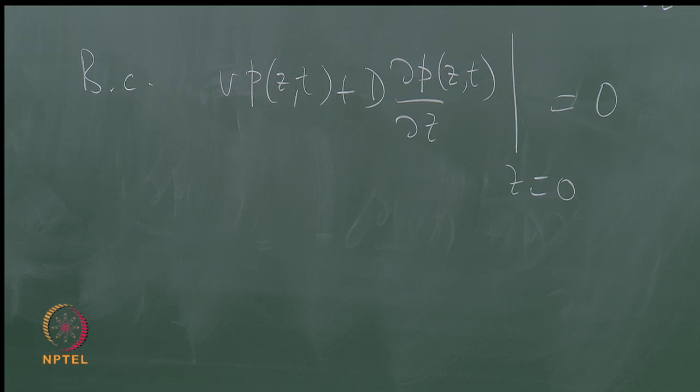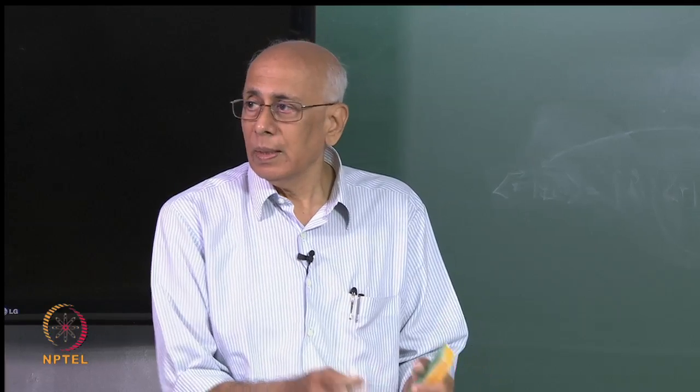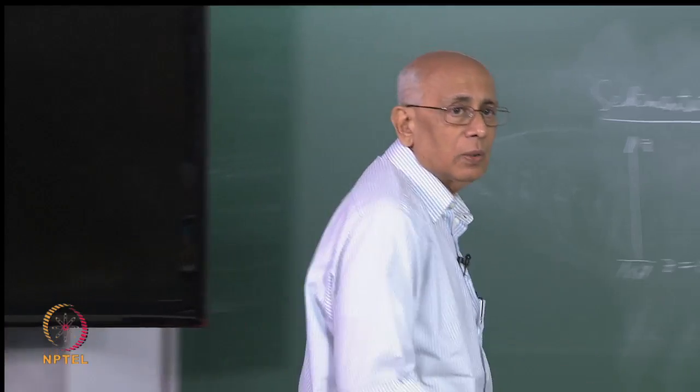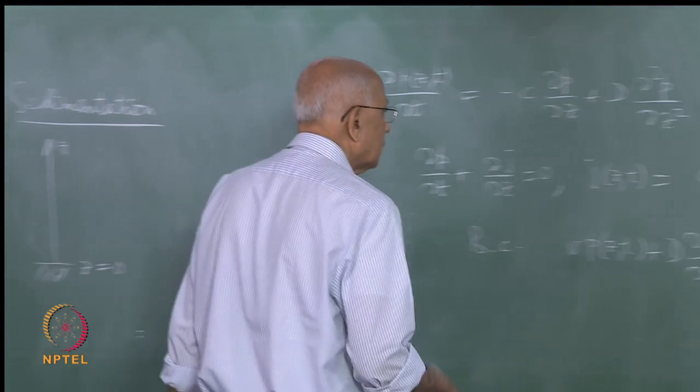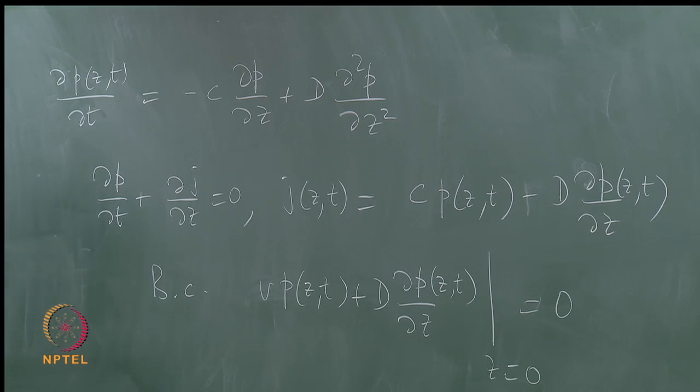That is the boundary condition. So it is a mixed boundary condition, not just on the probability density function p, but on a combination of p and a derivative of p, that is equal to 0 at this point. Okay. And we need to solve this diffusion equation with that, this Smoluchowski equation.